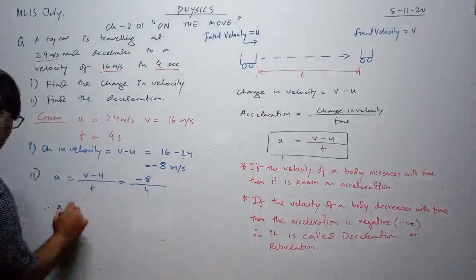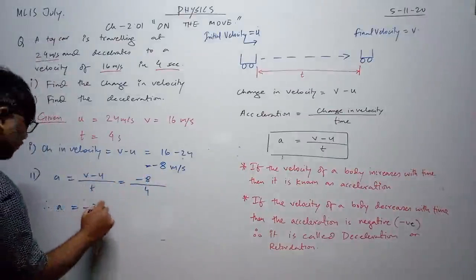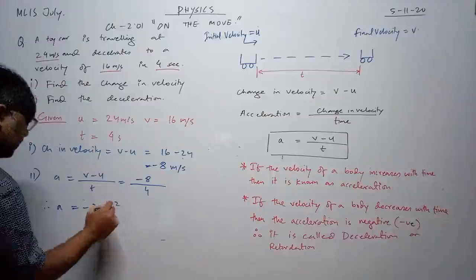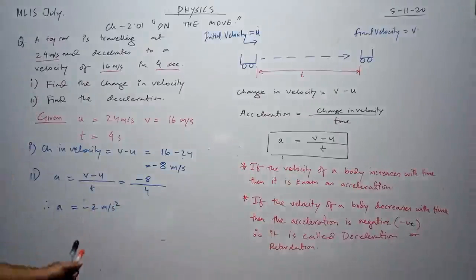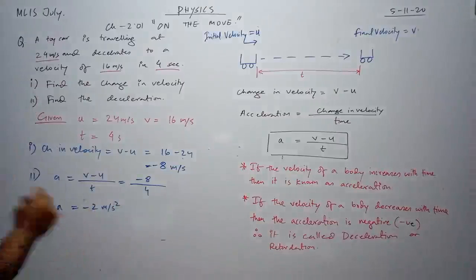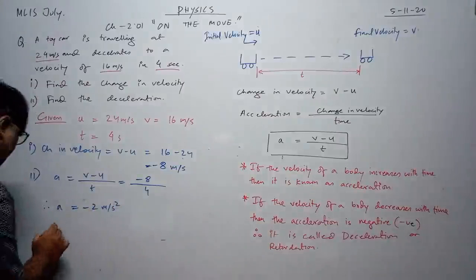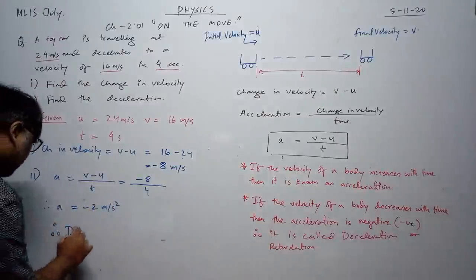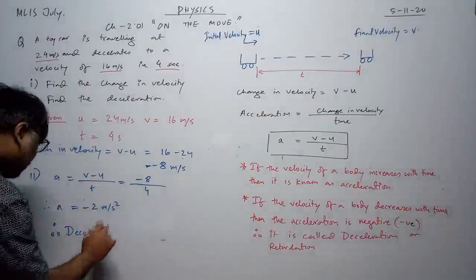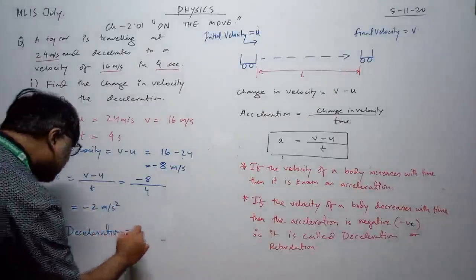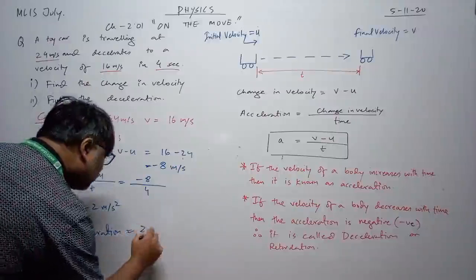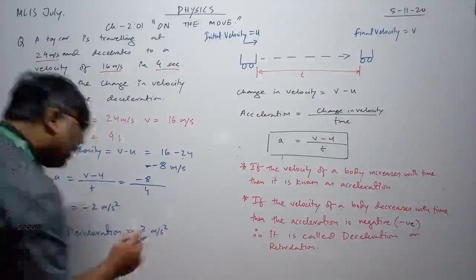Therefore, acceleration is minus 2 meter per second squared. If the acceleration is minus 2, then we can say, therefore, deceleration equals 2 meter per second squared.